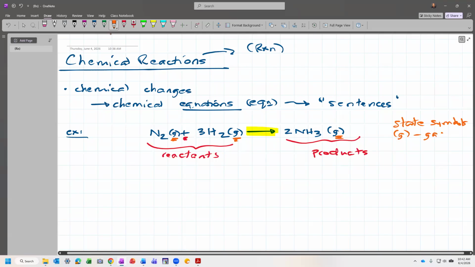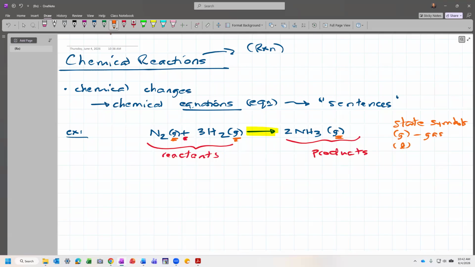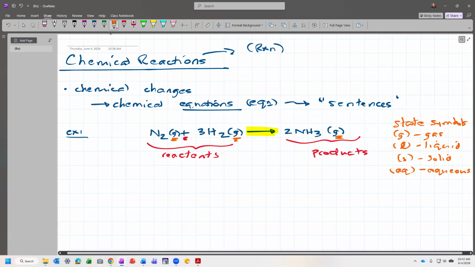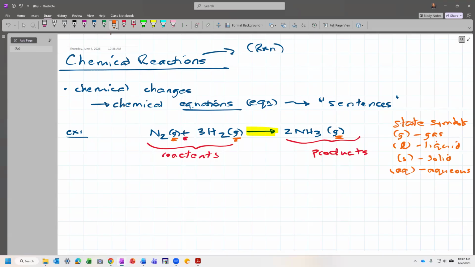G represents a gas, L represents a liquid, S represents a solid, and then the other state symbol that we'll see is AQ, and that represents an aqueous solution, which typically means that the substance is just dissolved in water. So that's the anatomy of our chemical equation. Reactants on the left react to produce products on the right side of the equation, and we use our state symbols to tell us what the physical states of the reactants and products are.